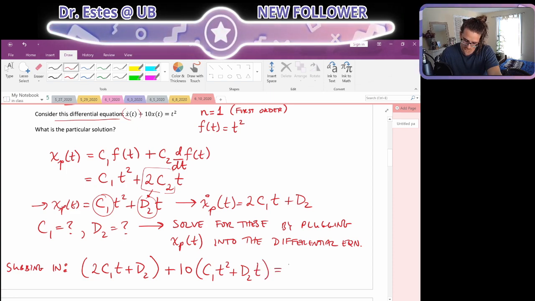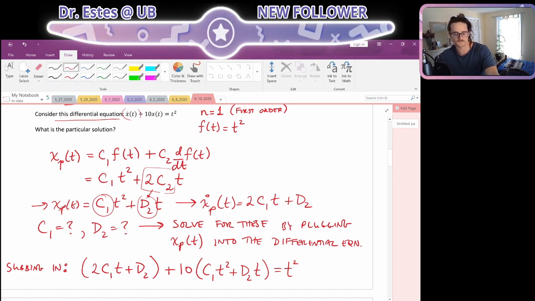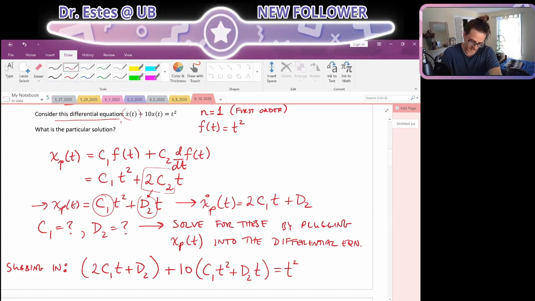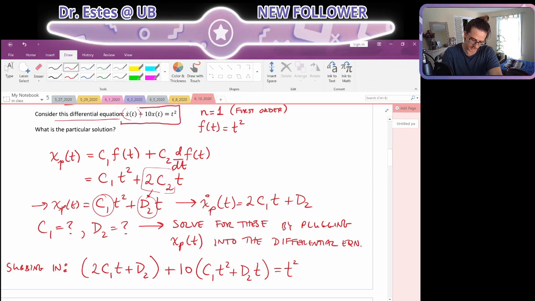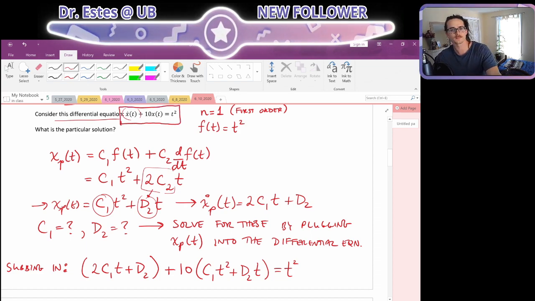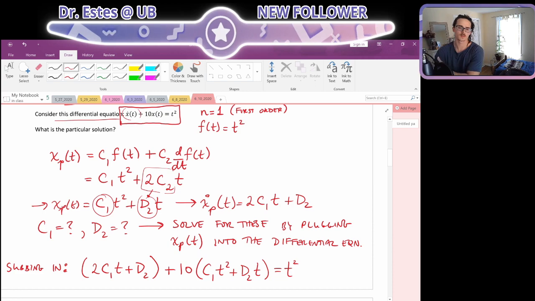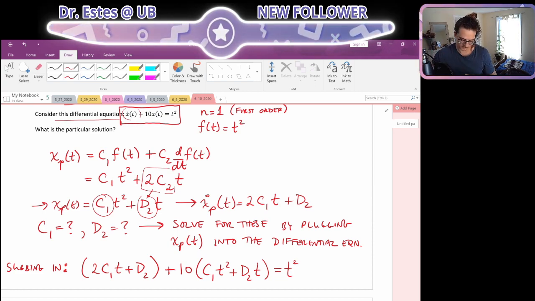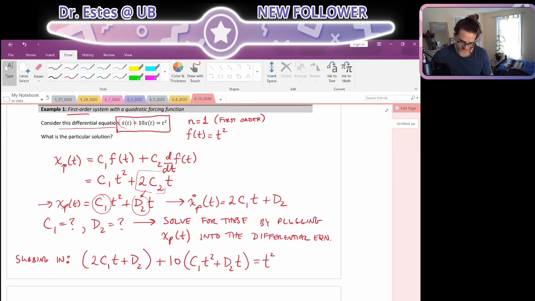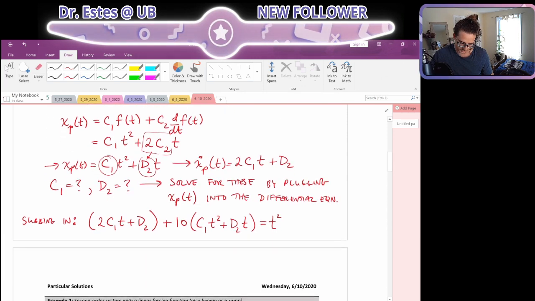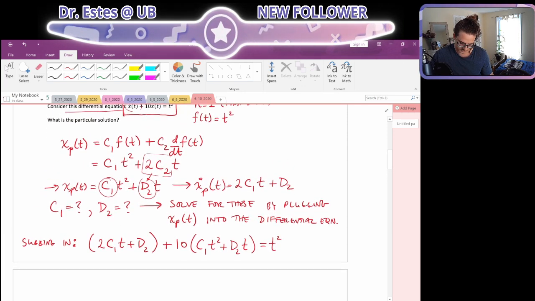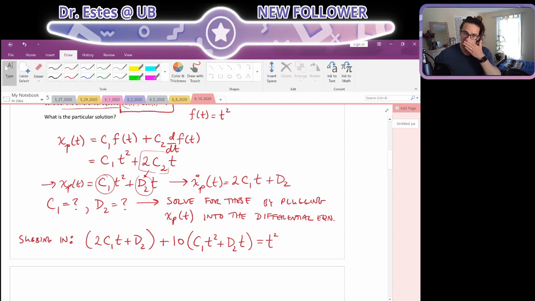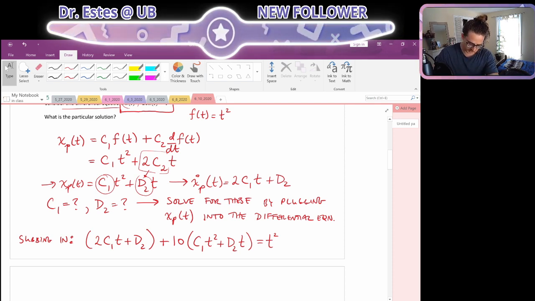That's equal to t squared. So we substituted that form of the particular solution into this equation up here. I should have budgeted a little more space for this. That's okay.